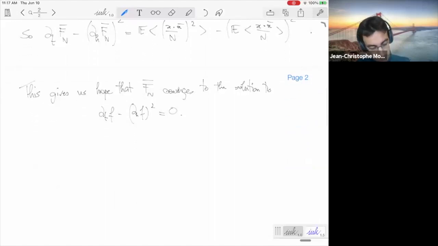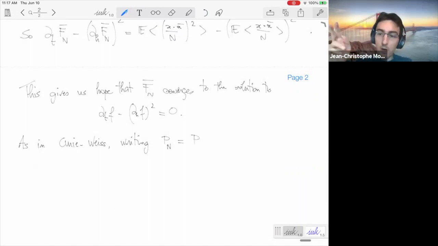So as in Curie-Weiss, remember that here we assume that x bar is a vector of IID random variables, so its law is an n-fold tensor product of a given measure. So I'm going to write it, it's just P1 tensorized n times.